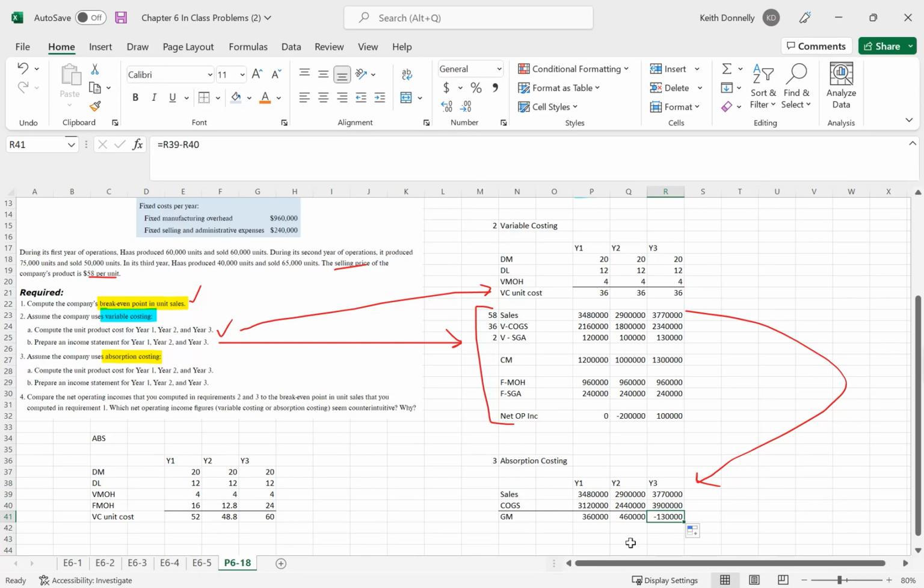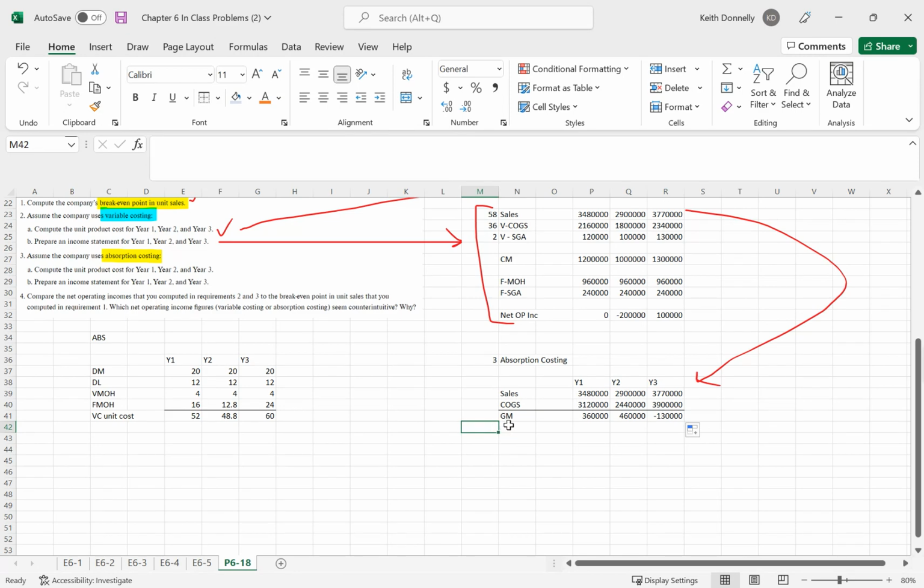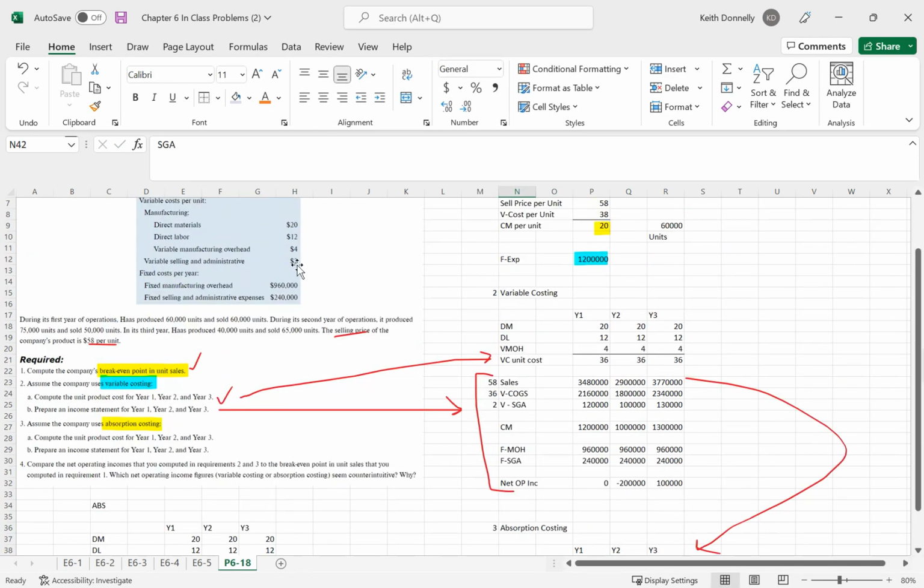Now, next thing we've got to do is back out our SG&A expenses. So there's a little bit of math here, so let me explain it to you. We have the $2 per unit, plus we have the fixed amount. They don't break it out on here between fixed and variable on the absorption costing. They lump it all together.